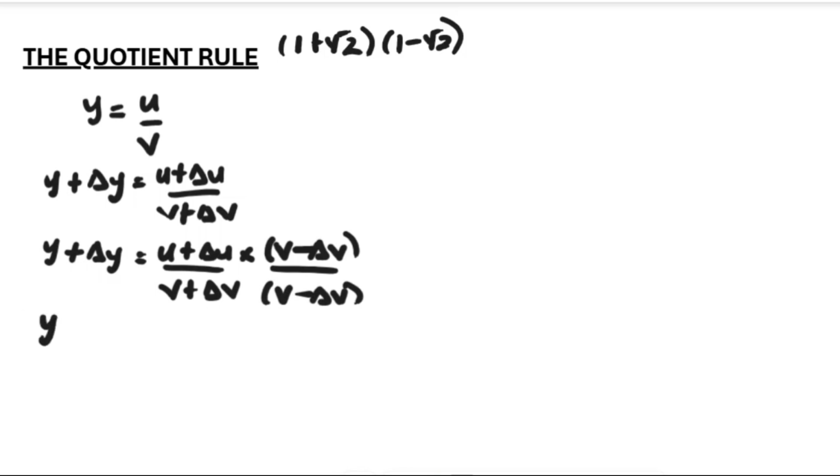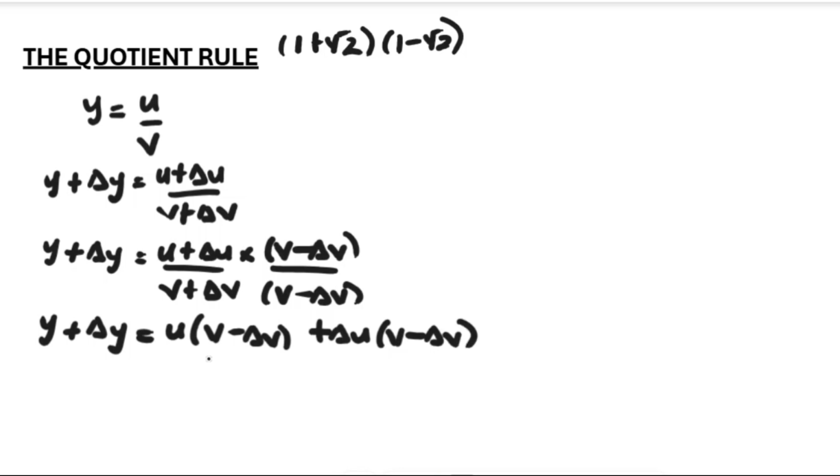So y plus delta y will give us u multiplied by v minus delta v plus delta u multiplied by v minus delta v, divided by, using the difference of two squares, v squared minus delta v squared.